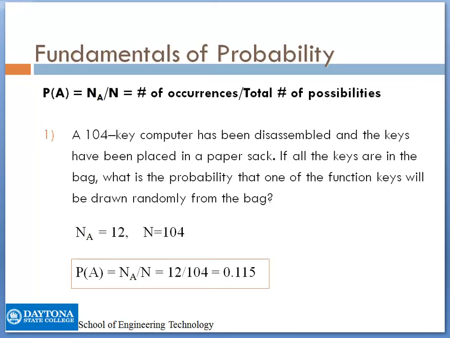So what we have to do is just divide 12 by 104, and the probability that one of the function keys will be drawn randomly from the bag is equal to 0.115, or you can say 11.5%.